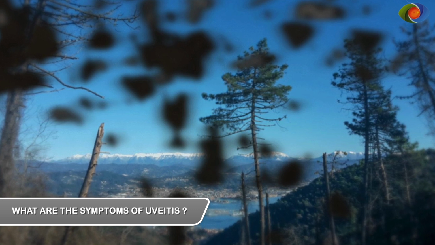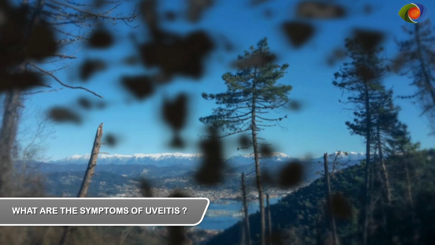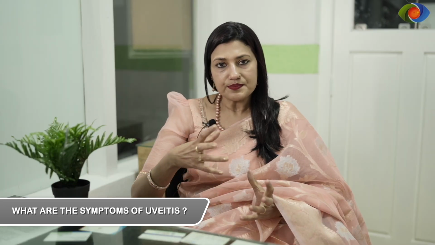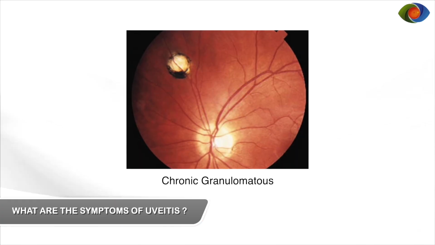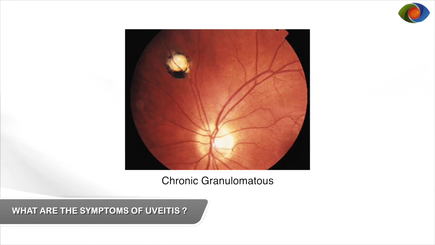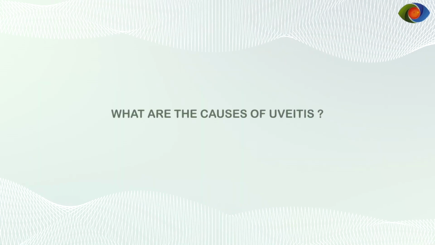There may not be much pain or photophobia when the posterior part is involved. In some people it can be asymptomatic, as in chronic granulomatous causes. In those conditions it may be asymptomatic in the beginning, and then cause a decrease in vision later on as the complications set in.